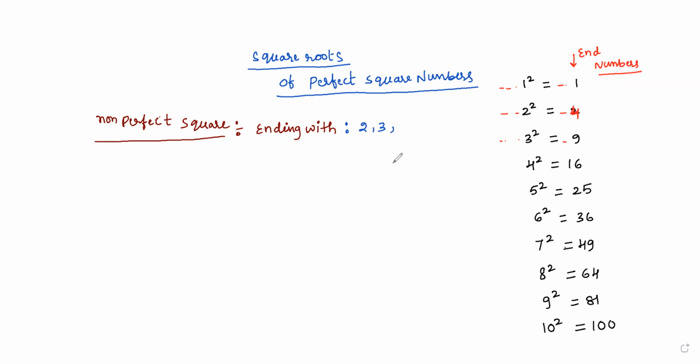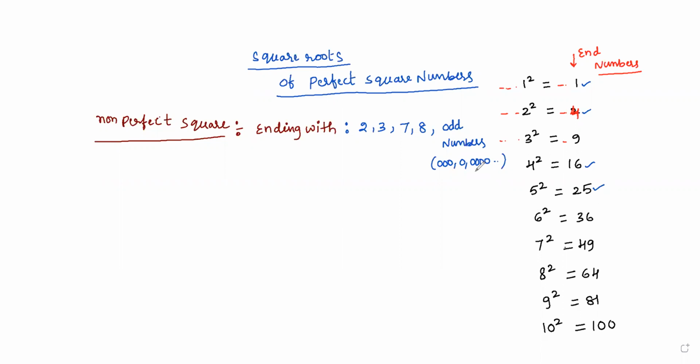Yes, are you getting my point? 4 is already there, you can see. 6 is there, yes. 5 also there. 7 is there, no. 8 is there, no. And an odd number of zeros. Odd number of zeros means 3 zeros, single zero, or 5 zeros. So this kind of number, if you see, that type of numbers we also call non-perfect square number.